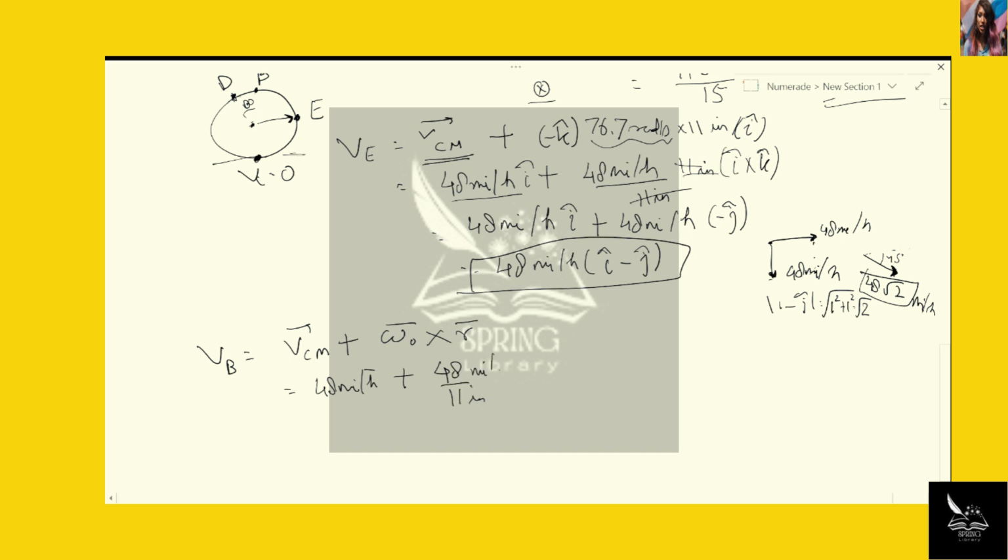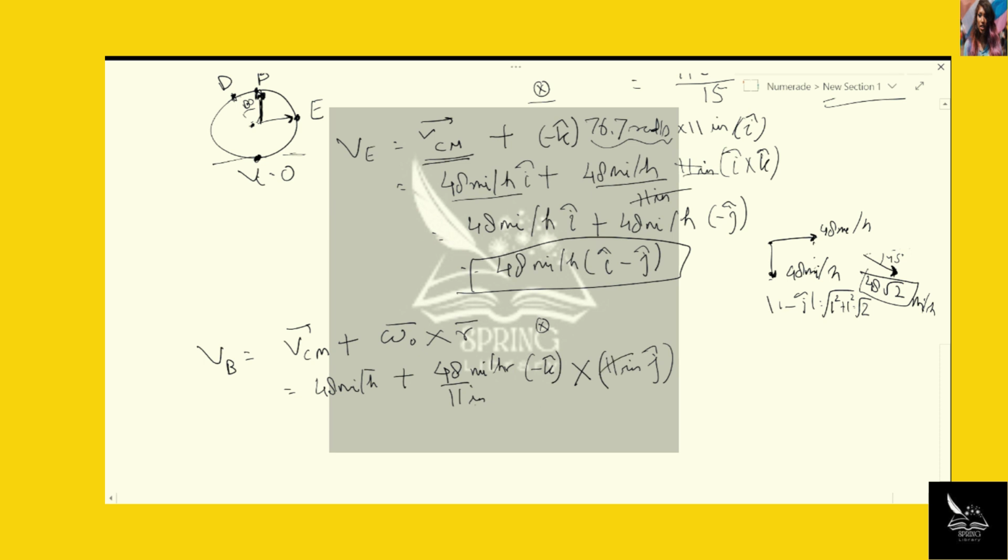What is the direction of omega naught? It's going to be the same, minus K, going inside the plane, remember? And then R is pointing up now. R is here, pointing up. By the way, I'm writing all this mathematically, but you can also use your right hand rule to figure out the direction of your velocity. In this case, it's going to be in the positive x direction, but we'll just see it mathematically here. So R is pointing up, so it's positive J, and it's 11 inches.